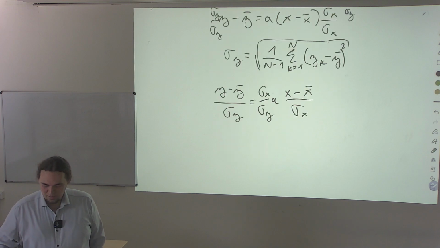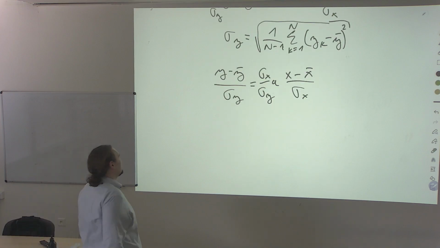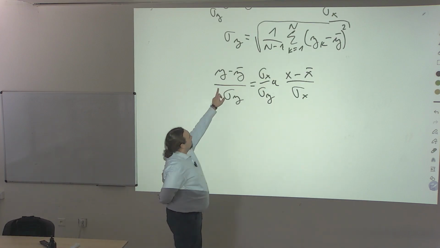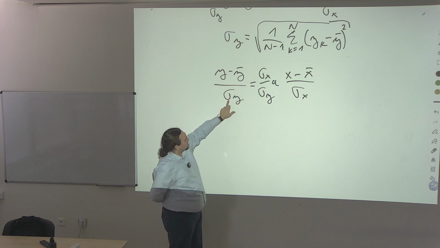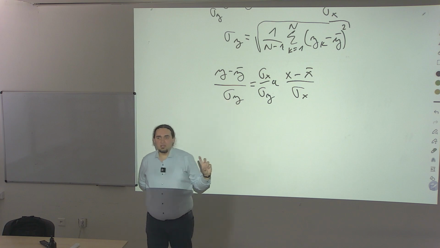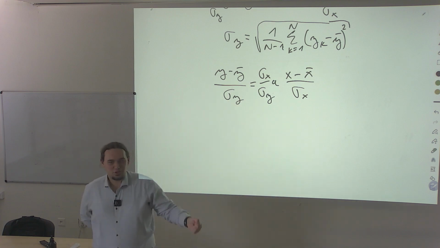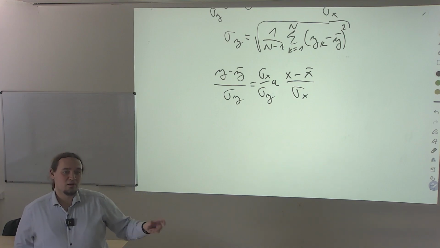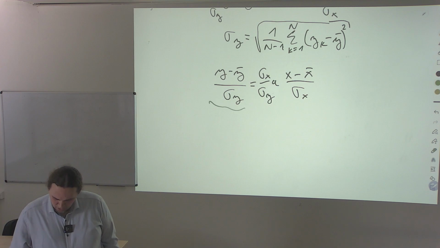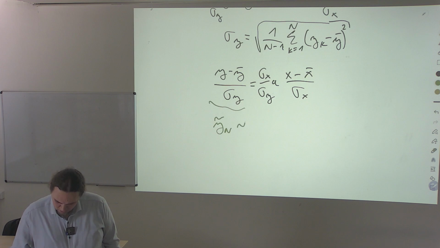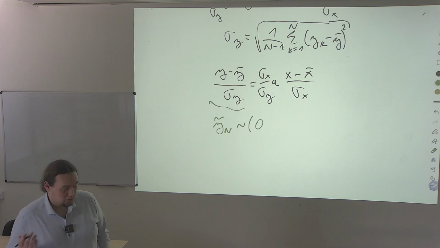The question is, why did we write it in this form? The answer is that by dividing this centered variable by its standard deviation, we are making a new variable, let's call it yn, which will have zero mean.